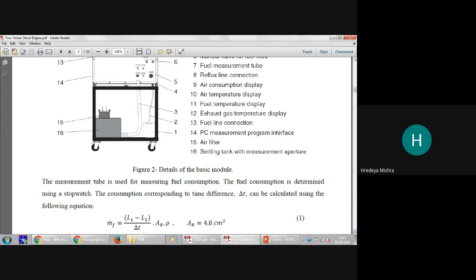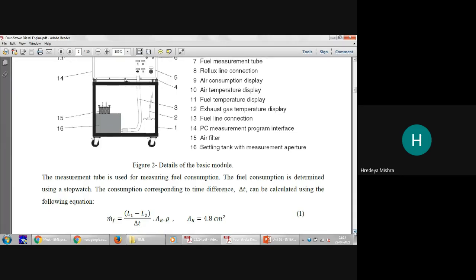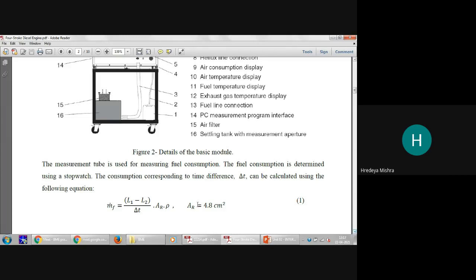The consumption corresponding to the different time delta t can be calculated using the following equation. Okay, mf, what is mf? It is the mass flow rate of fuel.